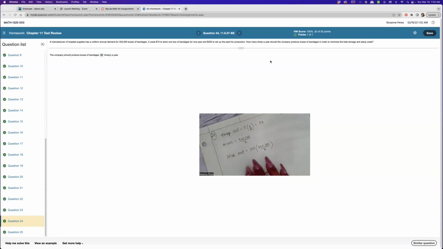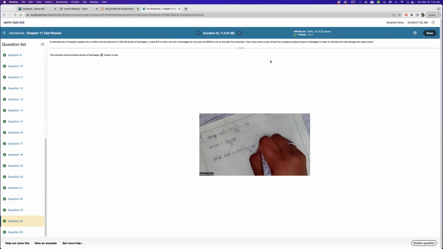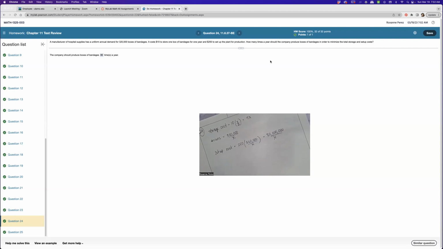So this gives us a large number, 80 million over X. Okay. So now we take our storage cost, let's put a star there, and our setup cost, and combine those to create our cost function. So our cost function is storage cost, 5x, plus our run setup cost.